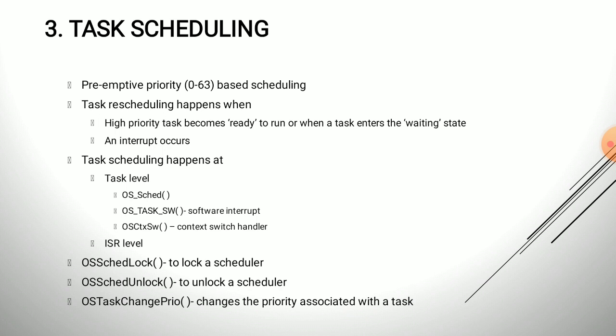Now it is possible to lock the scheduler so that task rescheduling will not take place while the scheduler is in the locked state. The scheduler can be locked by invoking the system call OS SCHED lock function. Proper care should be applied in the usage of this function because once the scheduler is locked with this call, the application should not call any other function calls which suspend the execution of the current task.